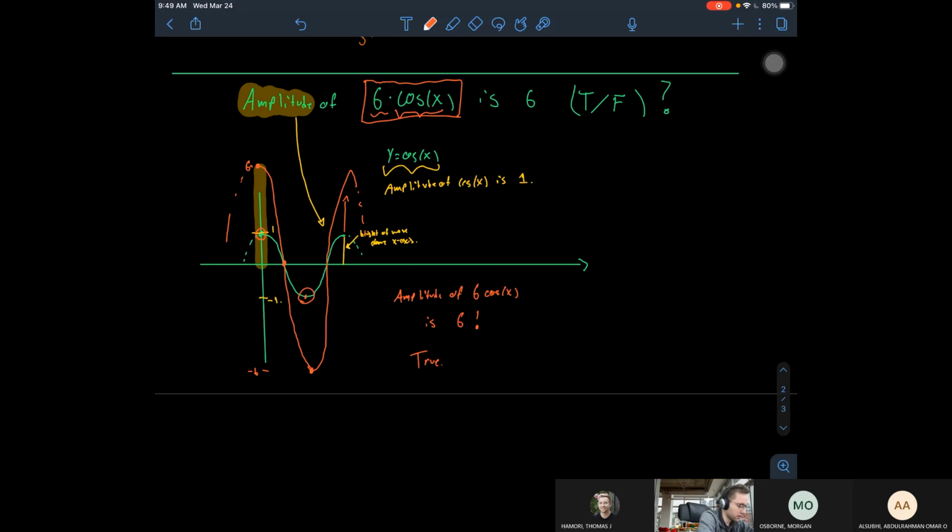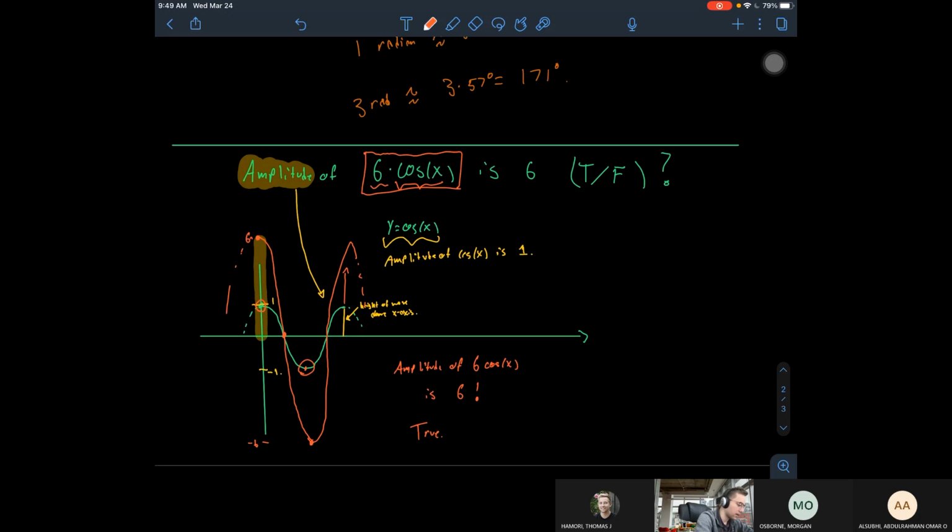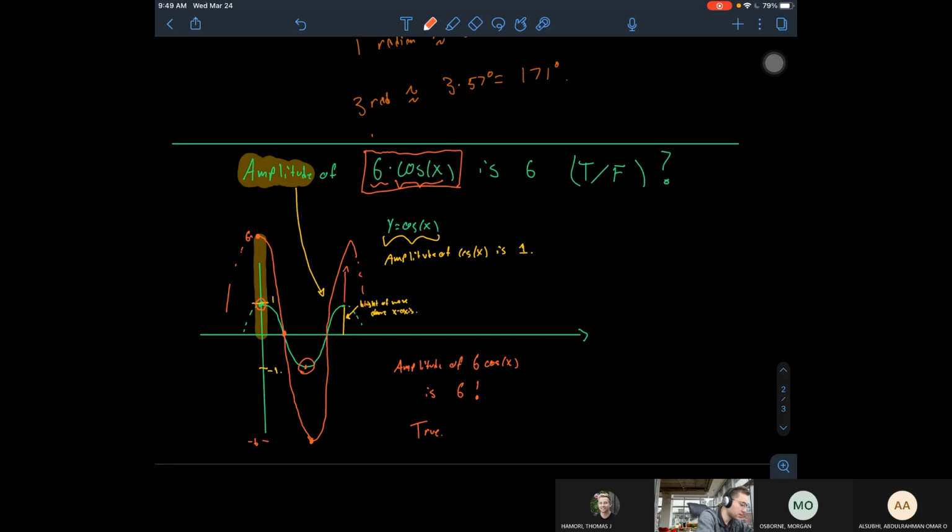All right, does that make more sense now? Okay. Any other questions about this problem? No. Okay. So one thing that I think you need to make sure you can remember is when we multiply a function out front, it corresponds to a vertical stretch, which means things that are beneath the x-axis are pushed even further below.